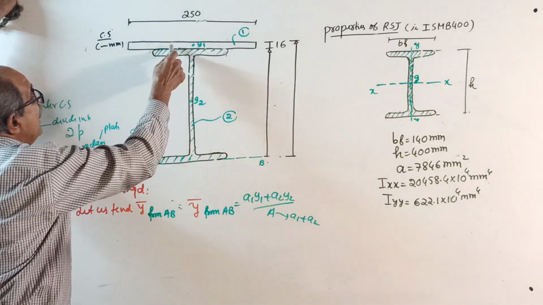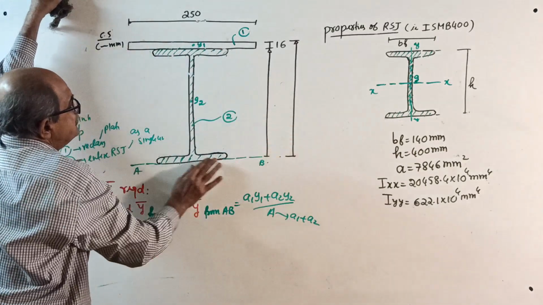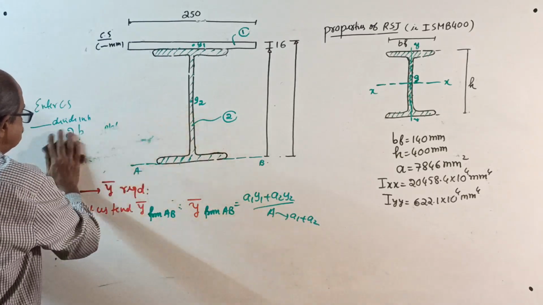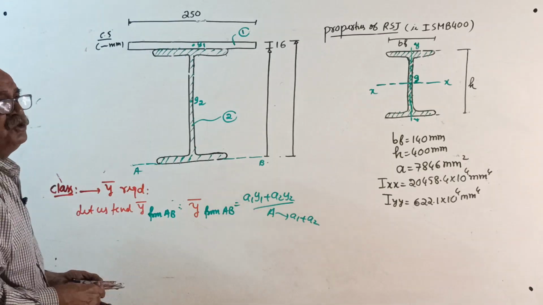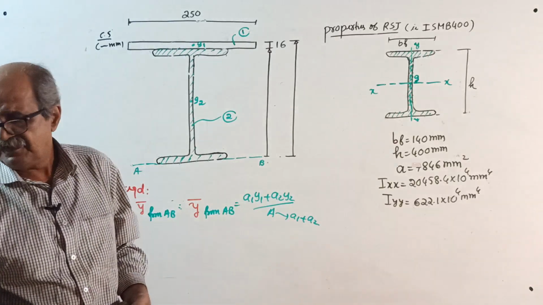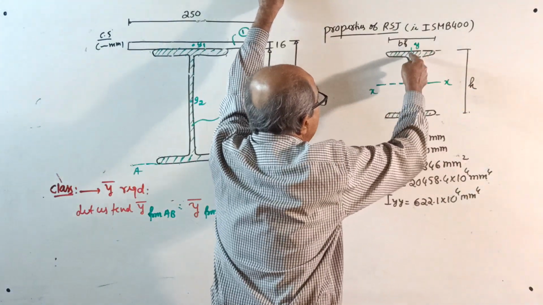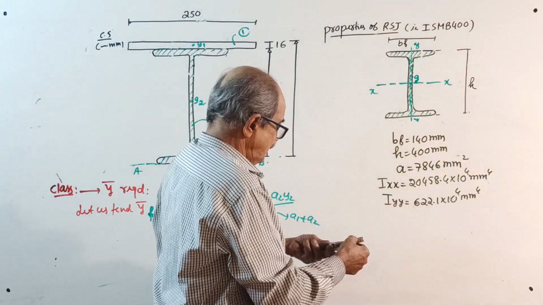See, when I hatched here, this complete RSJ is 1 unit. Okay, remember. Make a note. Now you have to locate the centroidal axis. This is the XX axis, YY axis for which one? For the RSJ.